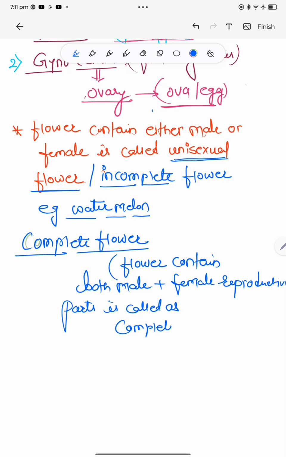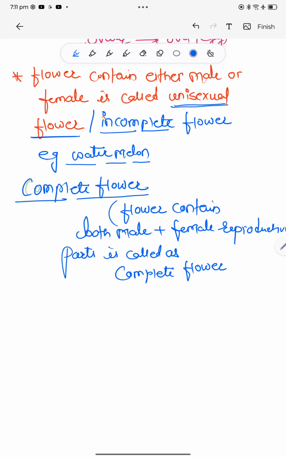Examples of the complete flower are rose and hibiscus.